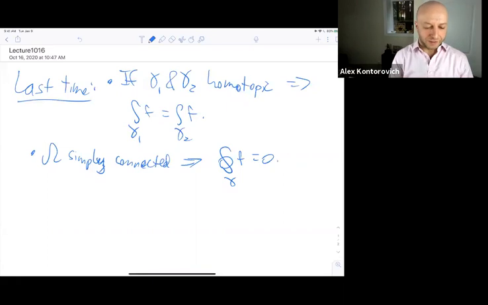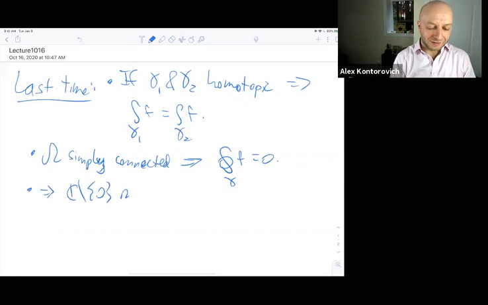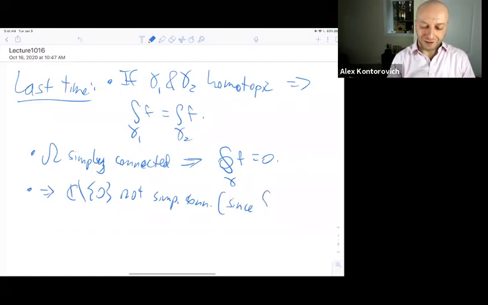By the same argument, we used that to prove a topological statement, which is that C take away 0 is not simply connected. And the proof is that the integral of 1 over z, dz, over the unit circle is not 0.